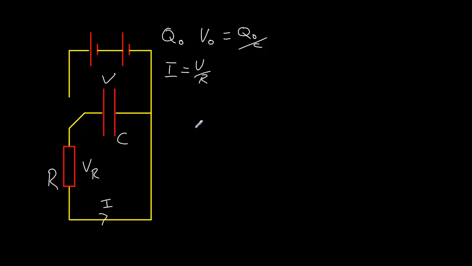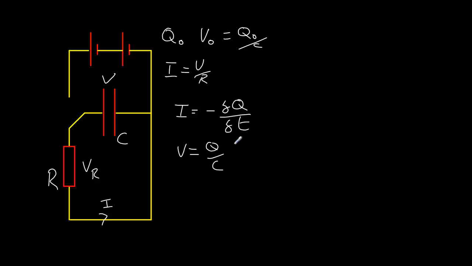In a short time, delta t, a charge equal to delta Q flows from one plate to the other, so that I equals minus delta Q by delta t, and the minus sign shows that the charge on the capacitor has become smaller. Now, for the capacitor, the potential difference over it, V, is equal to the charge stored on it divided by the capacitance.